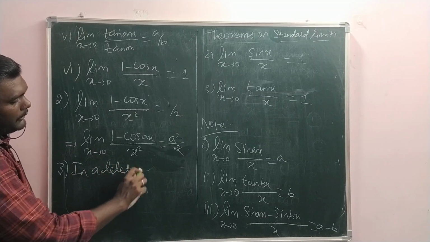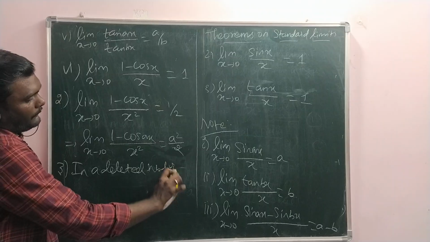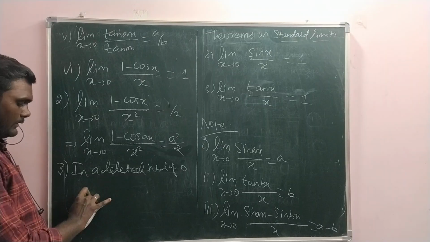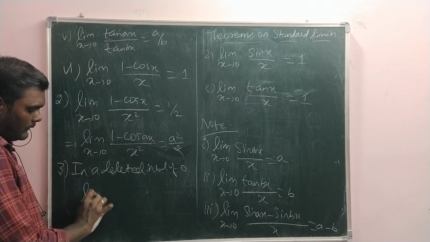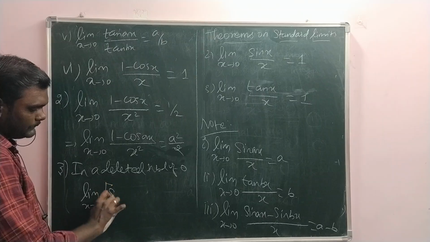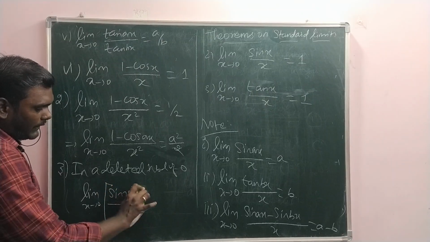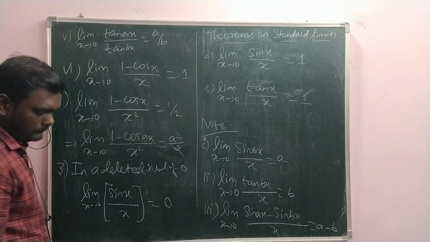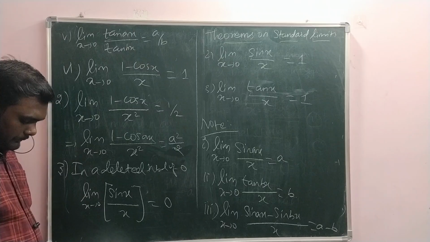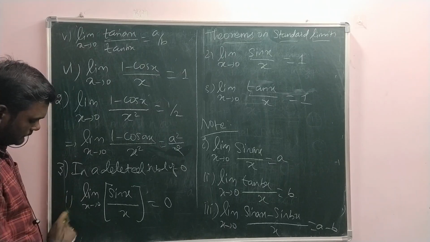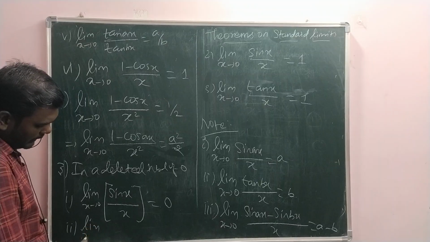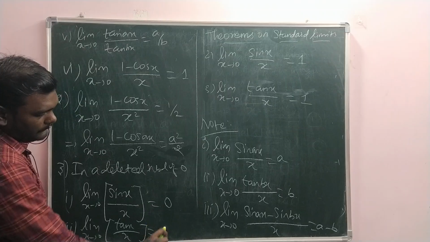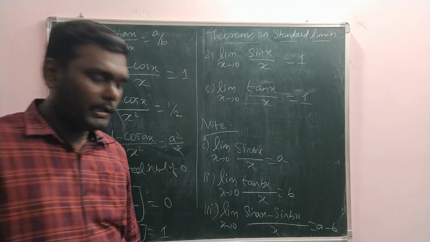Also, in a deleted neighborhood of 0, deleted neighborhood of 0 means except 0, all the points will be there. In that place, limit x tends to 0, the step of sin x by x is equal to 1. The same way, limit x tends to 0, the step of tan x by x is equal to 1, in a deleted neighborhood of 0.